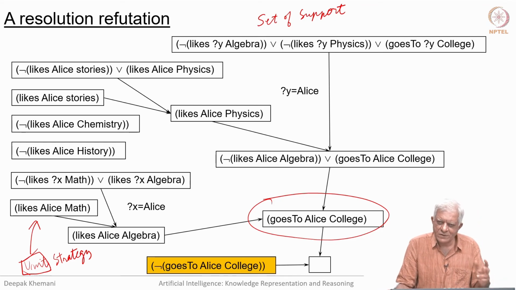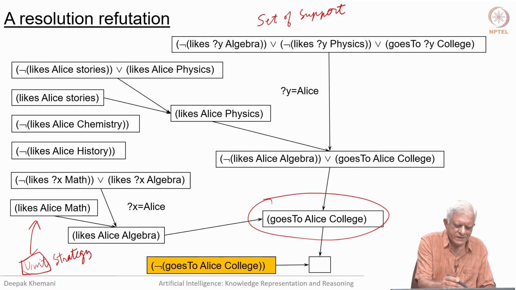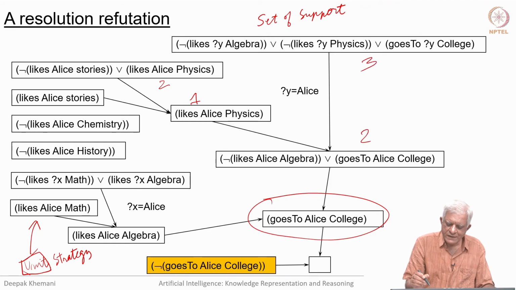Why? Because unit clauses will reduce the other clause by length 1. You can see that here we have a clause of length 2, it got reduced to a clause of length 1, and when we use this unit clause, this clause of length 3 got reduced to a clause of length 2, then that got reduced to a clause of length 1, and then that got reduced to a clause of length 0.